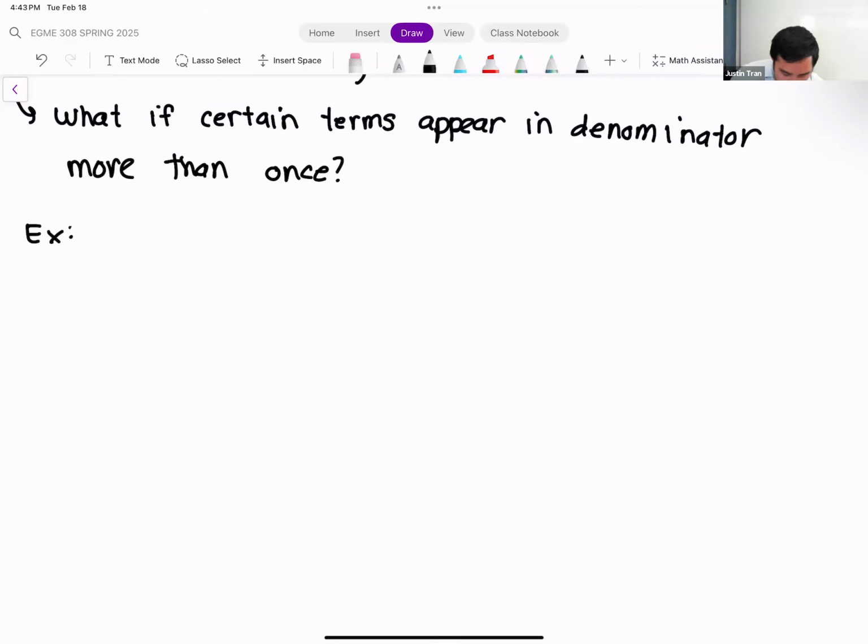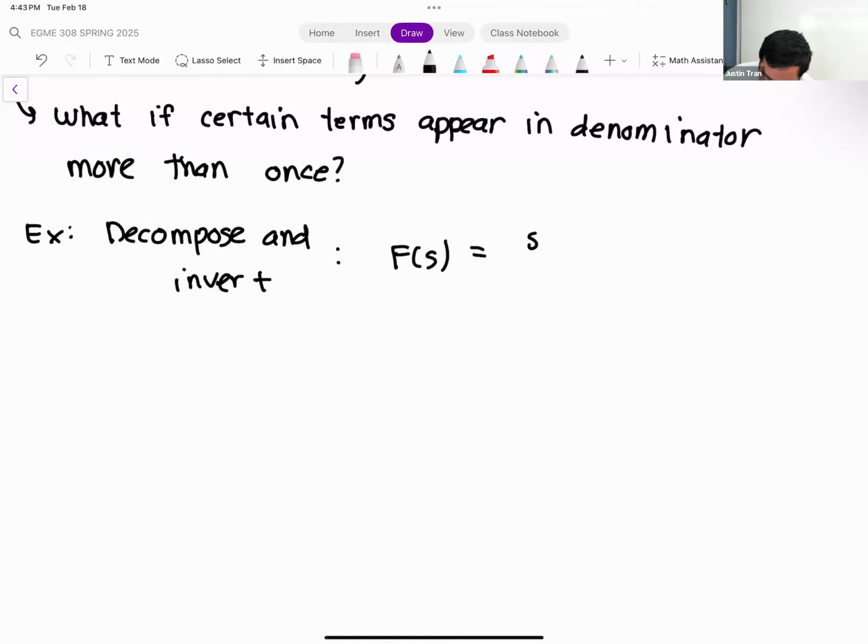Let's decompose and invert. Our F of s in this case is equal to s squared plus 1 divided by s times s minus 1 quantity cubed.